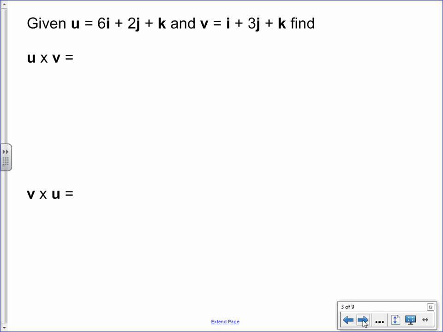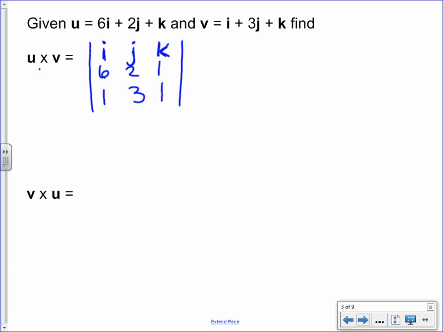All right, so when we take U cross V, you're going to set up your matrix here with I, J, and K as your first row. We're taking U cross V, and since U is 6I plus 2J plus K, then your second row is 6, 2, 1. Since V is I plus 3J plus K, what's our third row? 1, 3, 1.